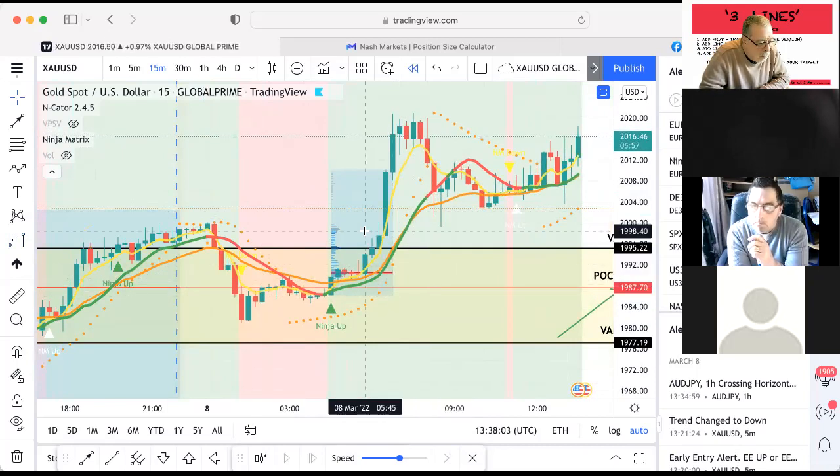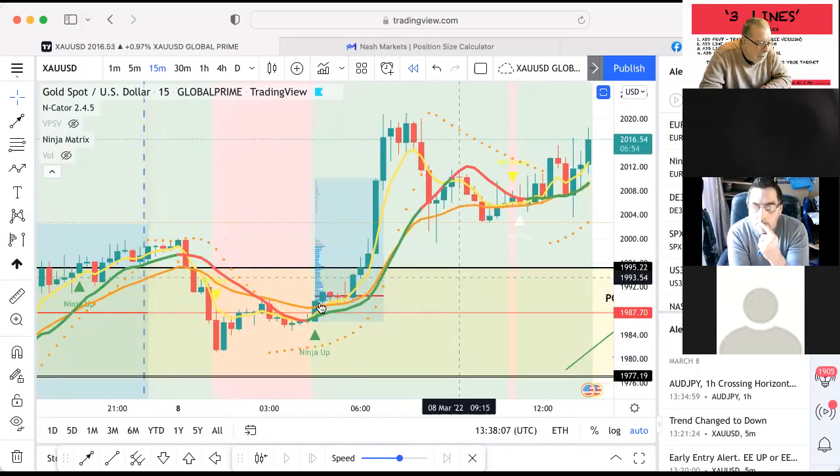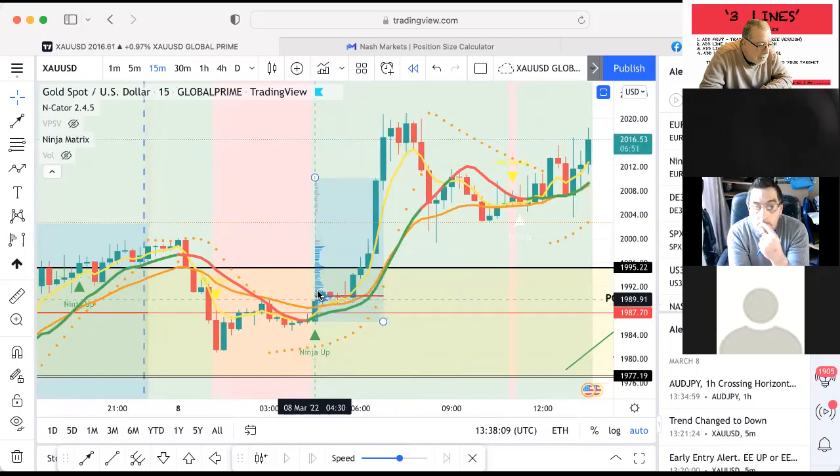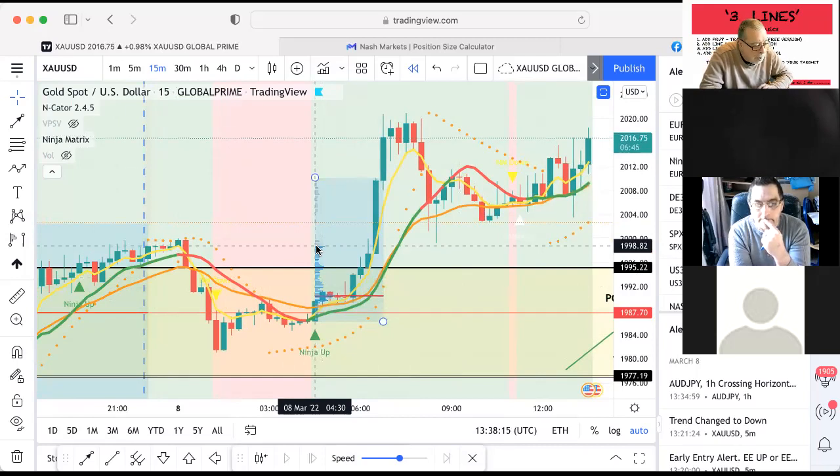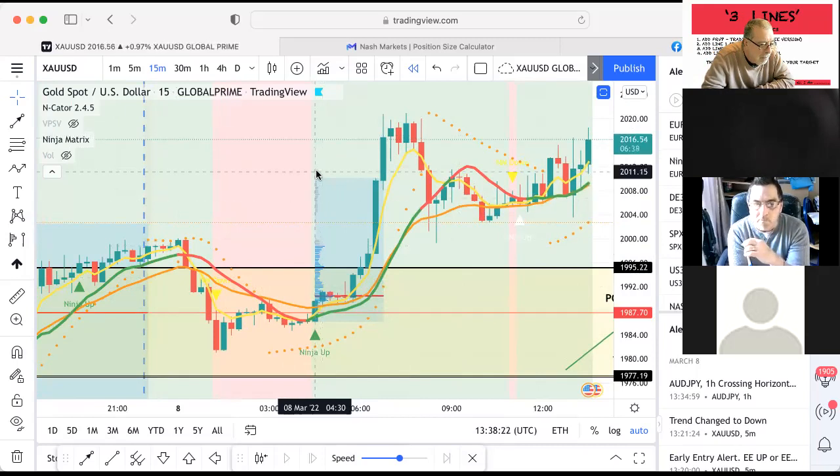Now, let me tell you what's going on in my head when I look at this. Can you see how the new 70% ends up there? So it sort of increases our field of play, but that's not really what my eye has been attracted to. This area here is very low volume.